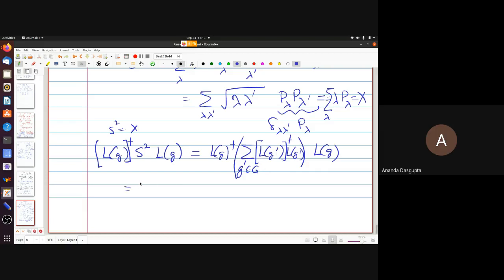Now you see that this becomes a sum over G prime belonging to G. For a finite group, this interchange of summation and this multiplicative product is trivial. So you have LG dagger, LG prime dagger, times LG prime, LG.